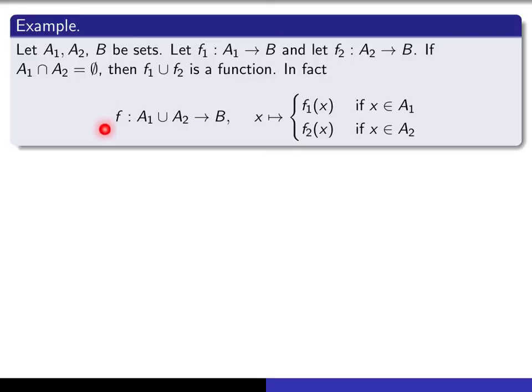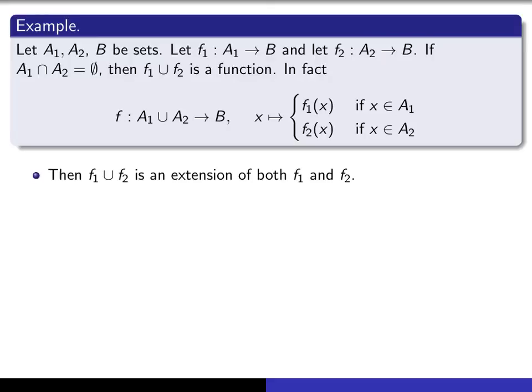So that function is in fact F1 union F2, and it's a construction of a new kind of function from the given functions F1 and F2. And we can do that provided the domains of these things have no elements in common. That turns out to be quite a useful construction.